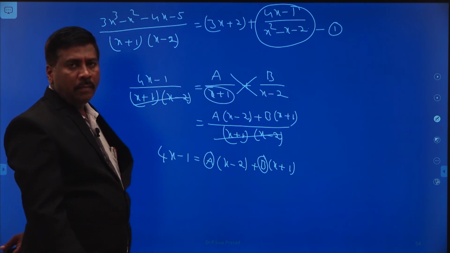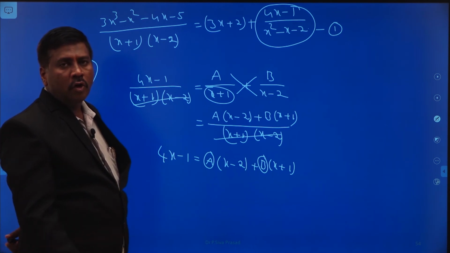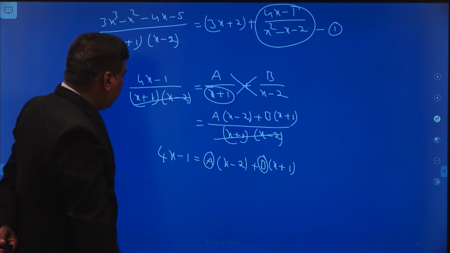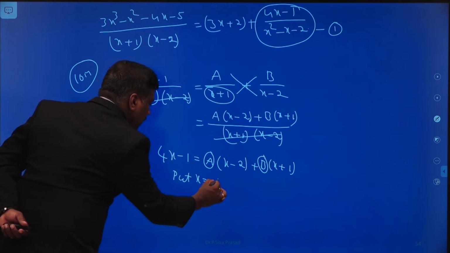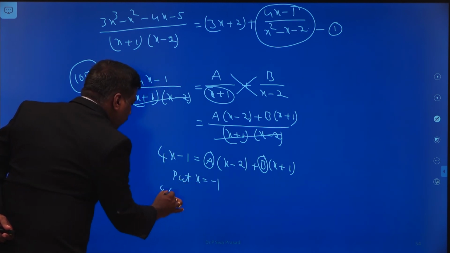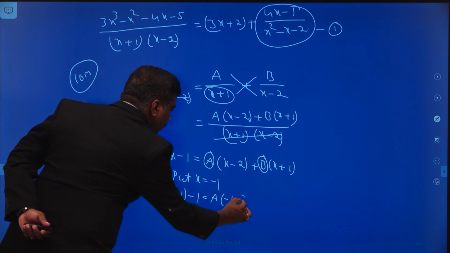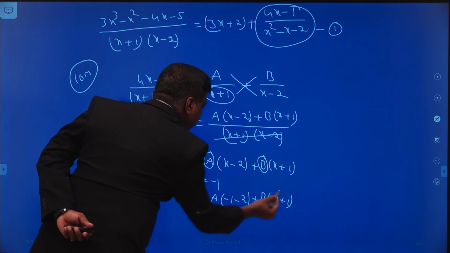Using the cover-up rule, because these two are non-repeated linear factors, x plus 1 equal to 0, then x equal to minus 1. Put x equal to minus 1 here. That means 4 into minus 1 is equal to a into minus 1 minus 2 plus b into minus 1 plus 1.